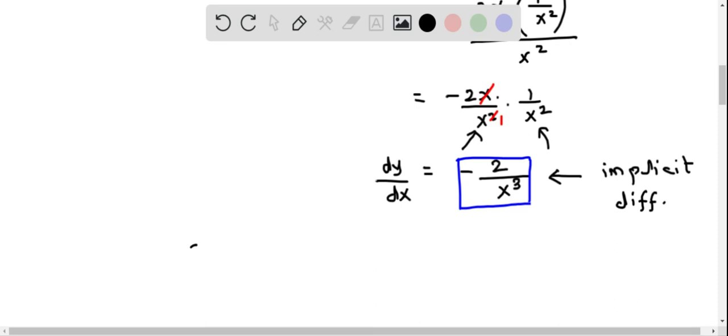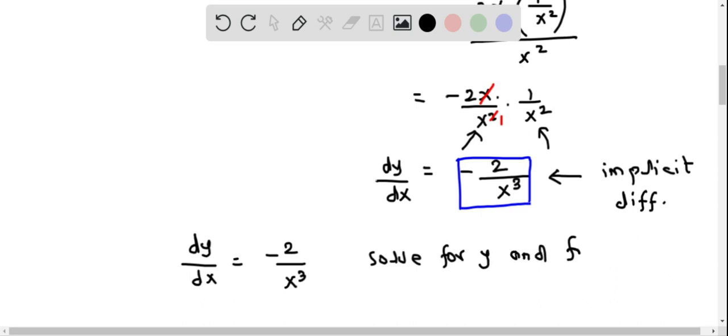So we have basically obtained dy by dx equals negative 2 by x cube in both ways, that is solving for y and finding the derivative, and then by doing implicit differentiation, we obtain the same results.